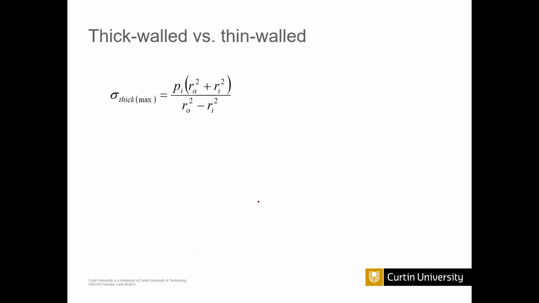So let's see. When we consider the thick wall and thin wall, for the thick wall we don't need to worry too much, because of the maximum stress for the thick wall cylinder.